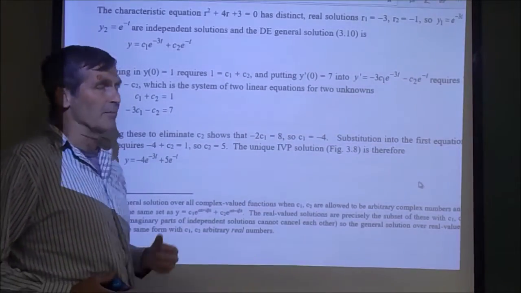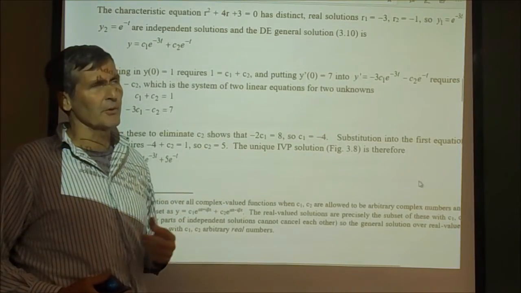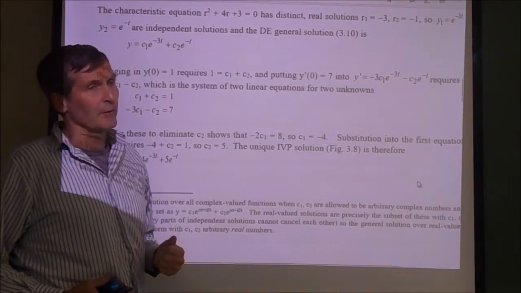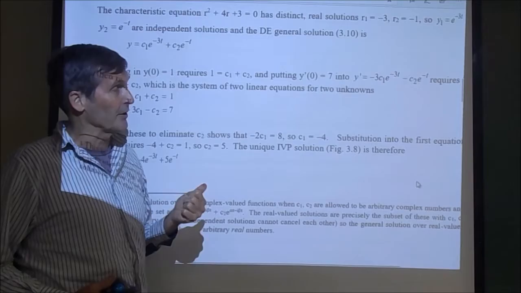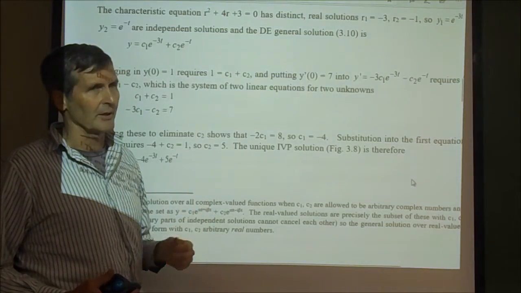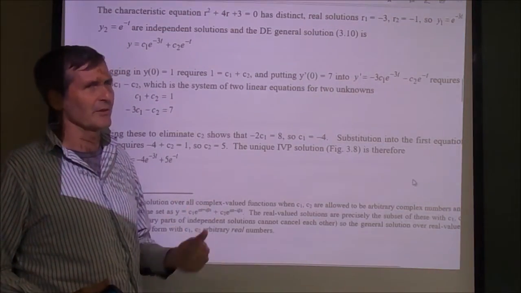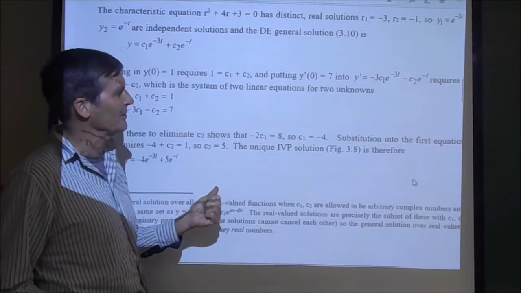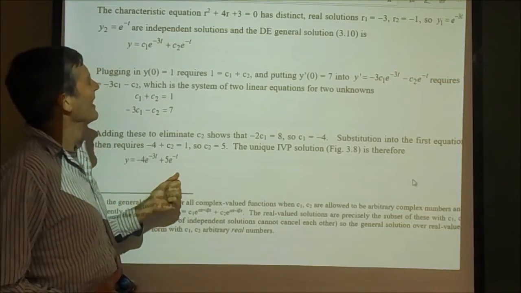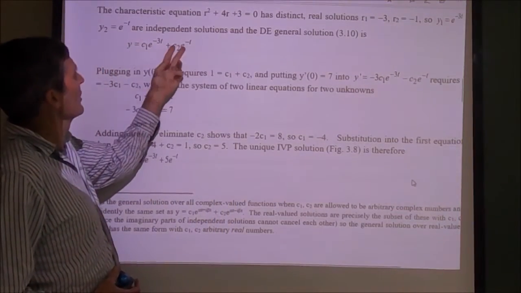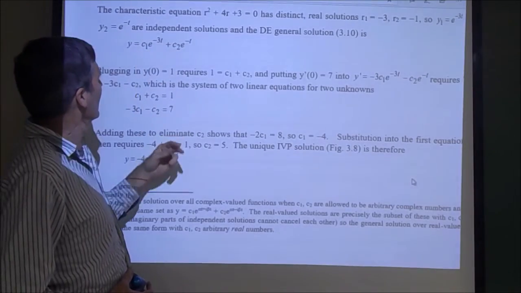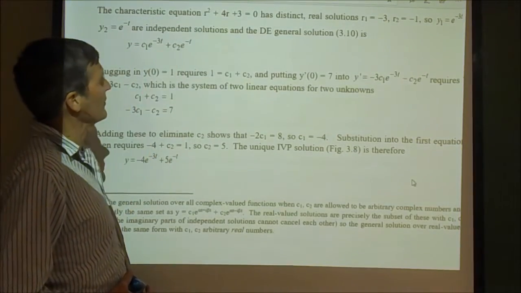And by the way, I should mention, if you are solving for complex valued solutions, that's a perfectly legitimate thing to be doing too, as long as you're mathematicians, right? You can get imaginary solutions. This is still the general solution over complex valued functions.